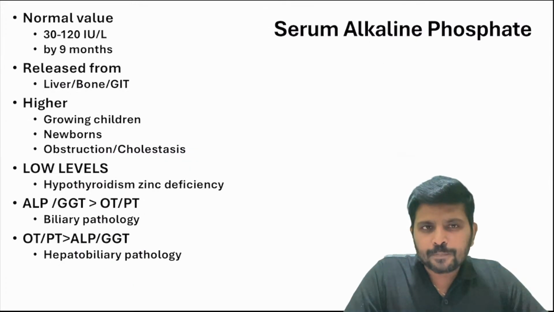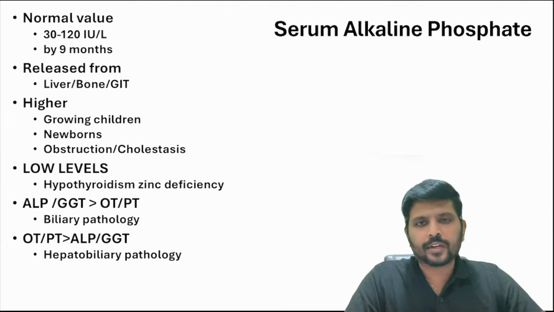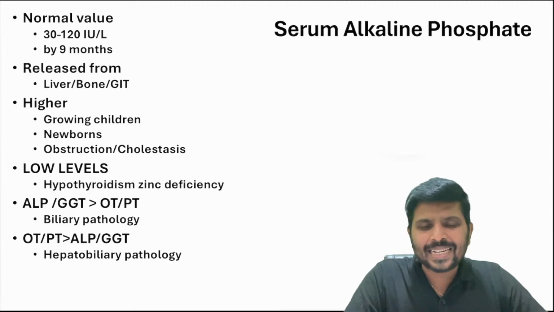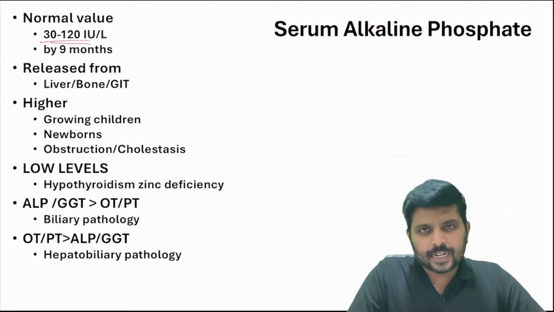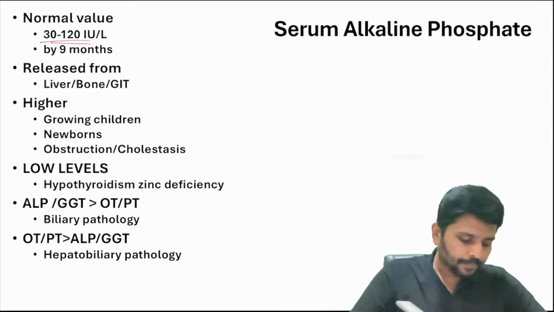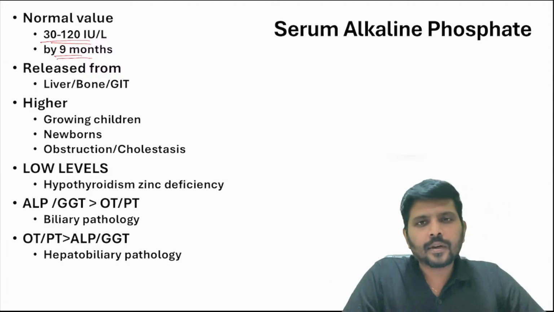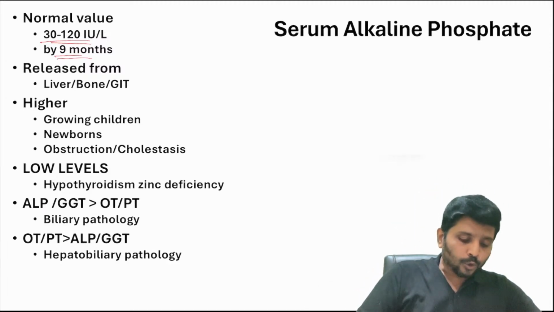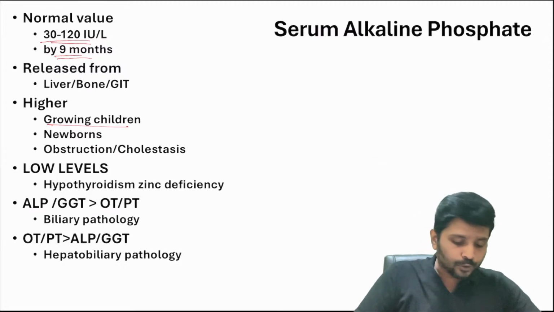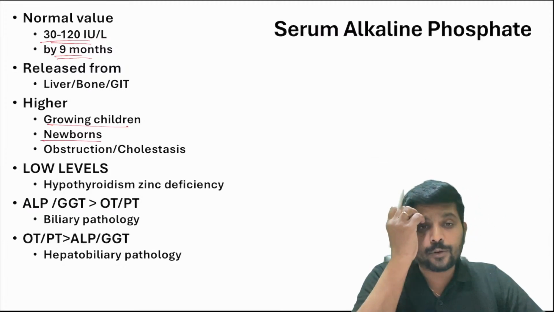Serum alkaline phosphatase, as we discussed, alkaline phosphatase, GGT and 5-nucleotidase are markers of bile duct injury. The normal value is, let me say, 100 international units per liter, and the normal value usually is reached by 9 months. But before that, growing children have very high values. Newborns have very high values.